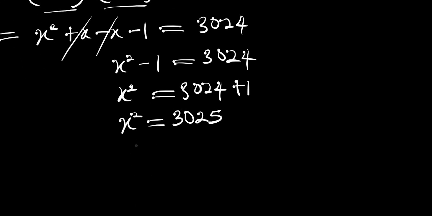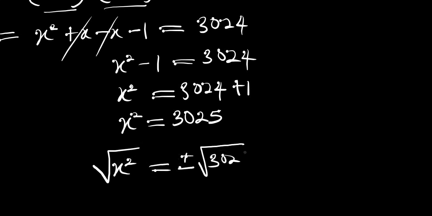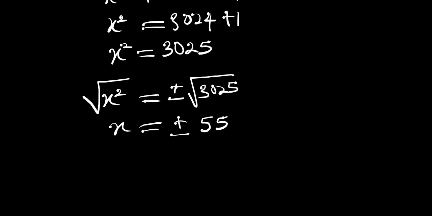So from here, we can solve for x by taking the square root of both sides. And this gives us x equals plus or minus the square root of 3025, which is simply 55. So that means we have two values for x.